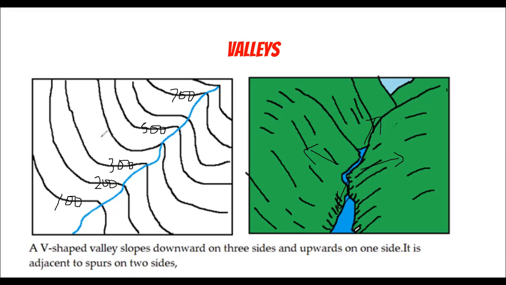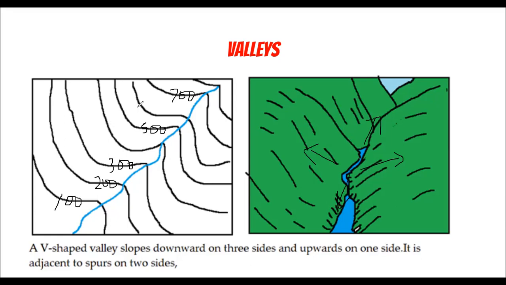On either side, over here, we have a spur. The spur is similar to the valley in that it is bending also, but it bends more in a U shape than a V shape, and it is bending towards lower ground or lower contour values.